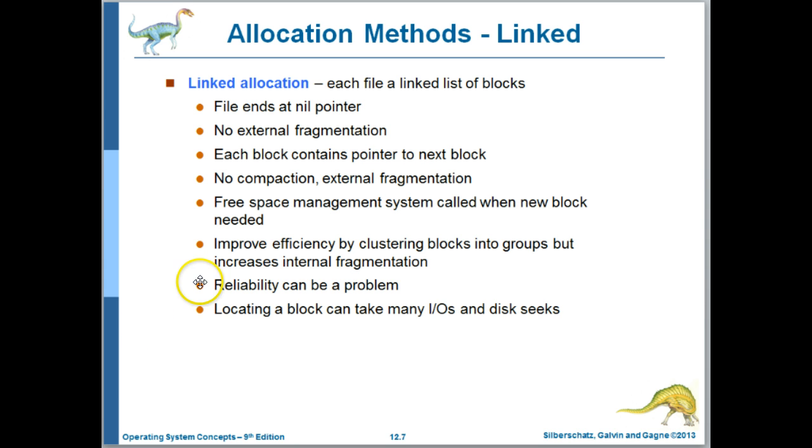And reliability can be a problem if you lose a block pointer in the middle of the file. Then what do you do? You've lost a certain part of the file. Most operating systems that use linked allocation will have some sort of utility to attempt to relink the file, but how possible it is to do that, I'd say, is open to question.